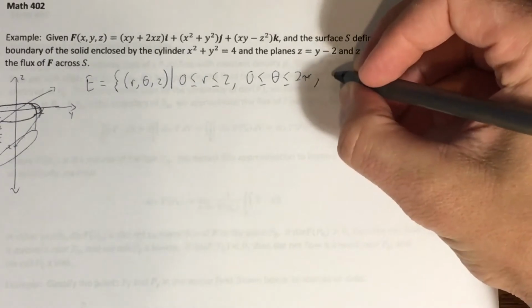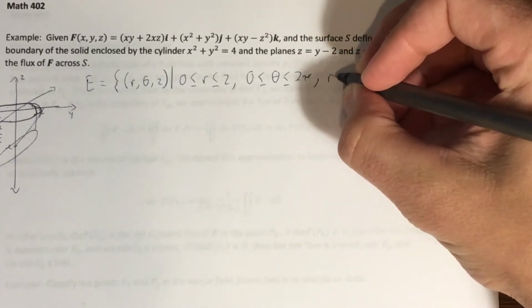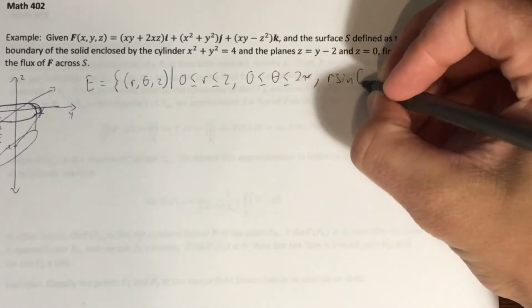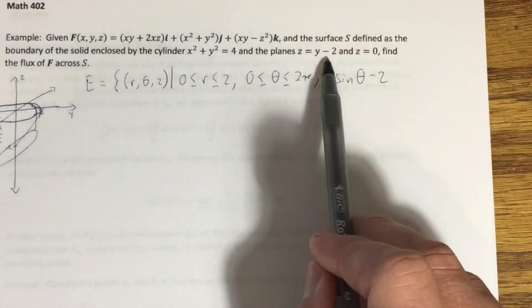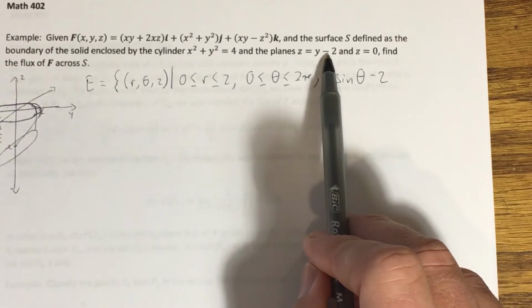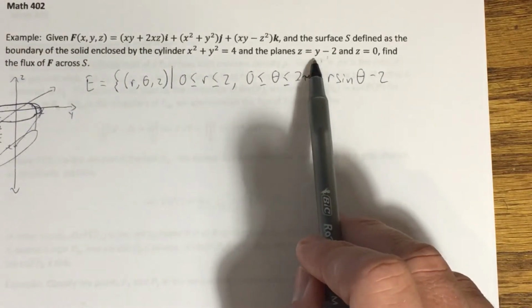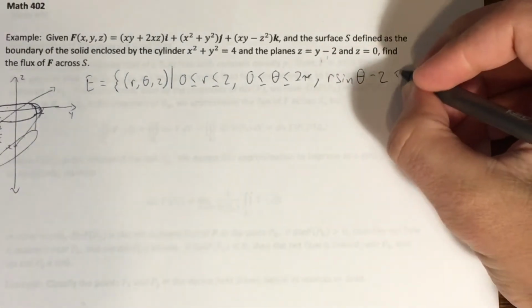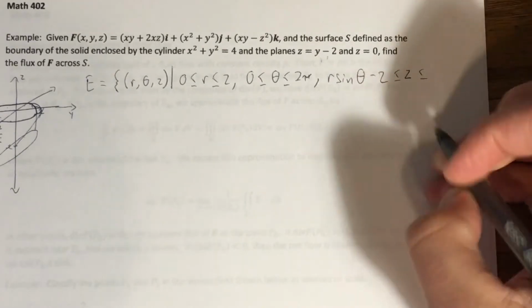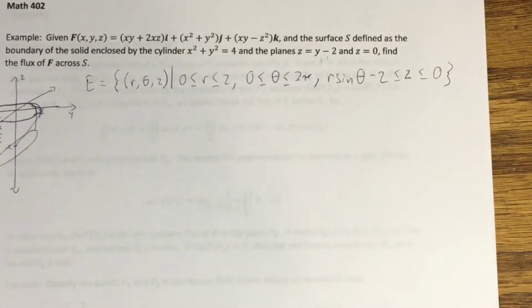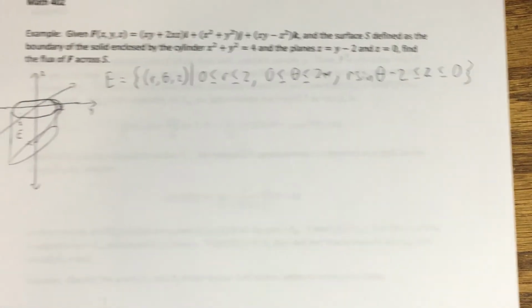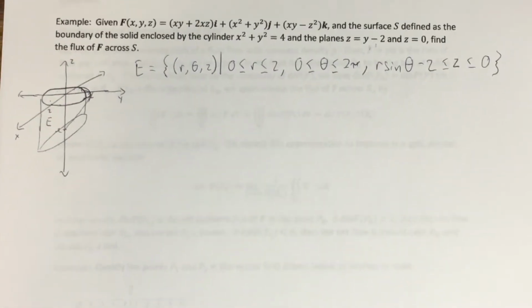Remember, y is equal to r sine of theta. So really, this bottom surface can be thought of as z equals r sine of theta minus 2. That's less than z, which is less than the top surface, z equals 0. Okay? That's what I'm going to end up using when I convert to cylindrical coordinates in my triple integral.